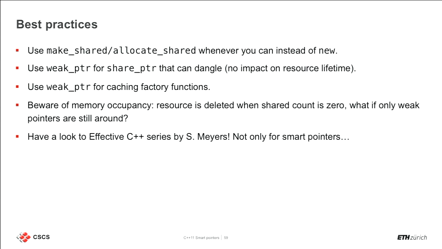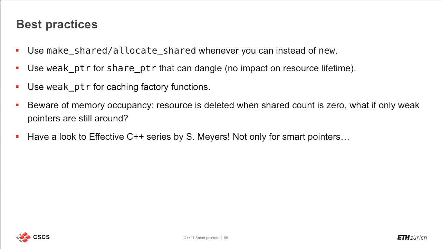As I told you in the previous slides, always use make_shared whenever you can instead of new, because in this case you will have a single memory allocation instead of two dynamic memory allocations, and always use weak pointer for a shared pointer that can dangle. This is related to one of the first examples that we have seen.